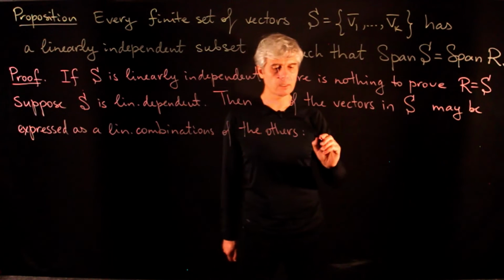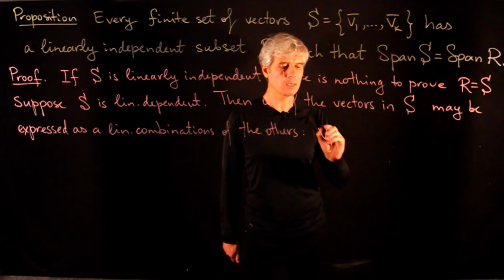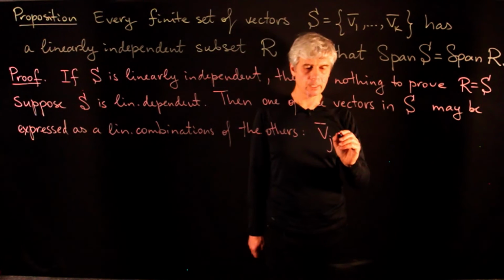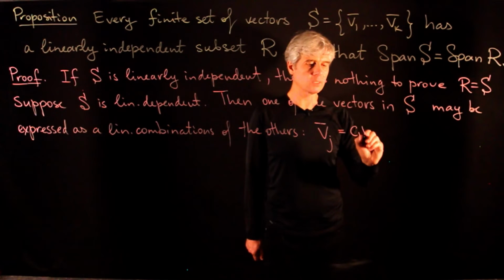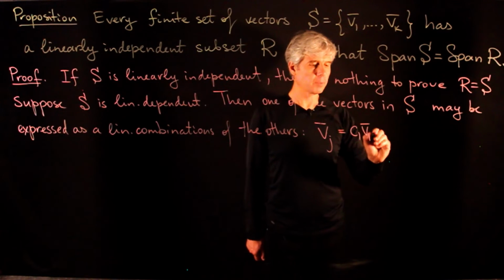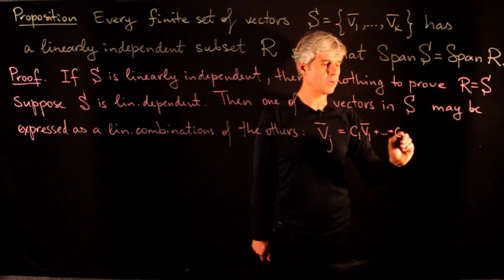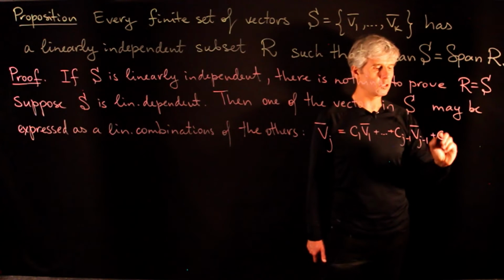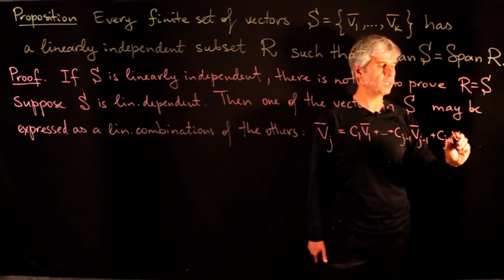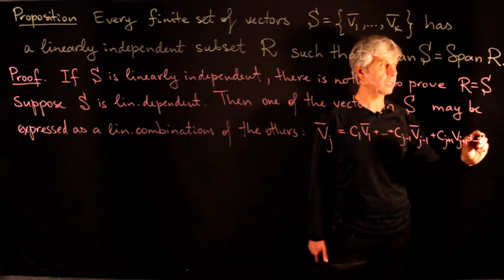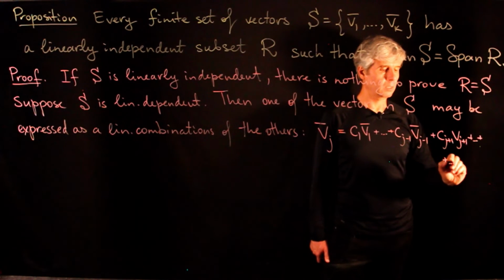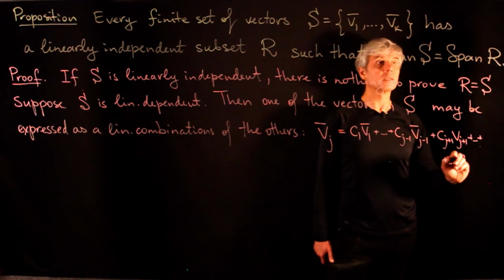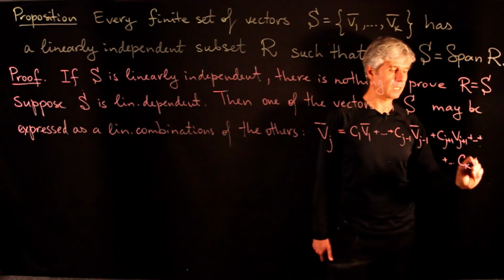So this means that some vector vj is a linear combination c1 v1 plus cj minus 1 vj minus 1 plus cj plus 1 vj plus 1 plus ck vk.